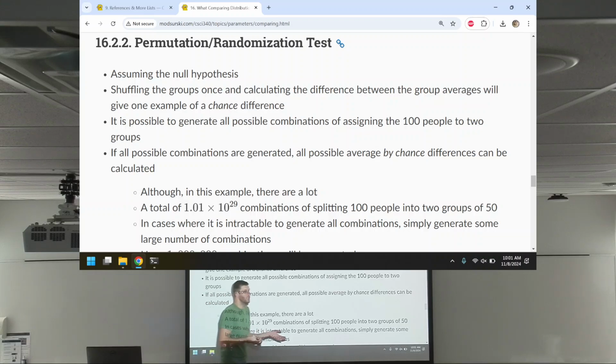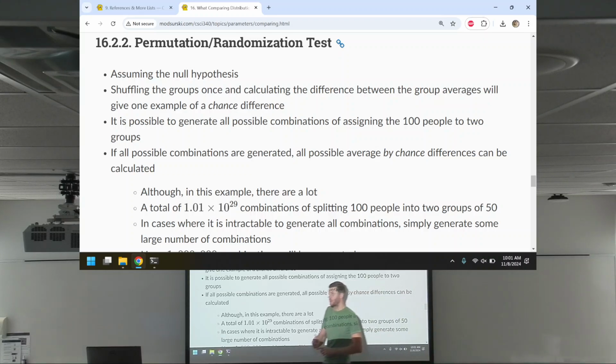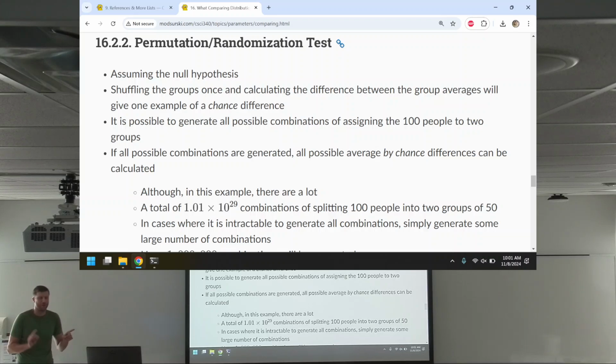It's possible for me to generate every single combination of assigning the 100 people to two groups. If all possible combinations are generated, all possible average by-chance differences can be calculated.